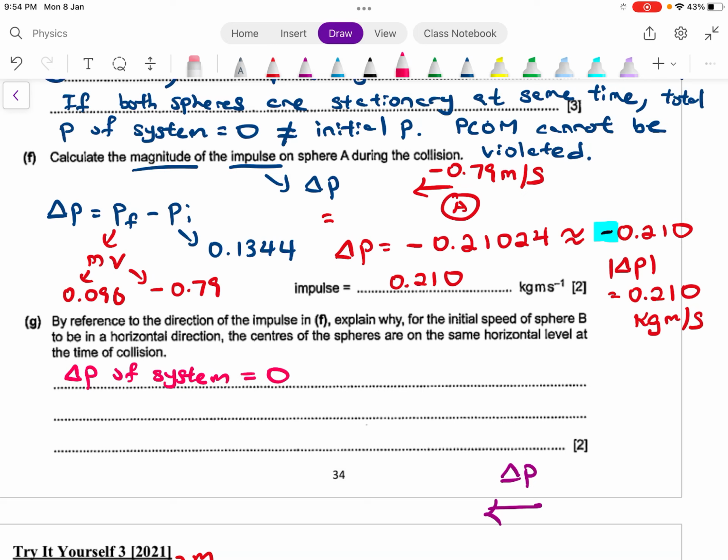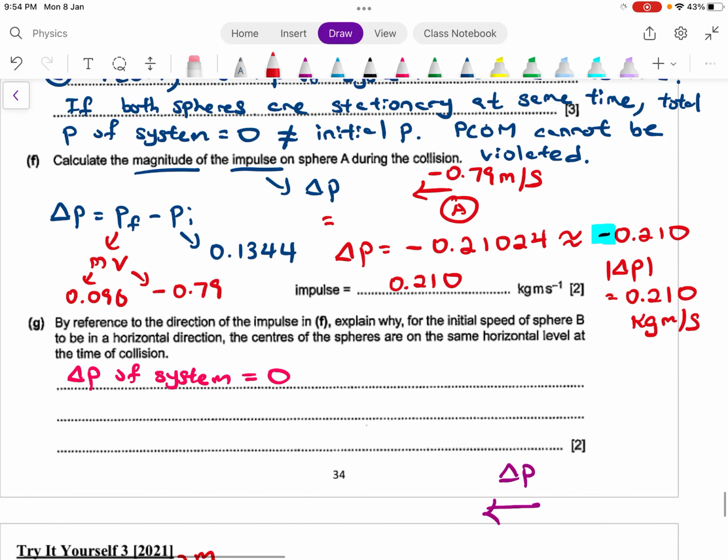But how do we relate this to explain why the centers of the spheres have to be on the same horizontal level? Imagine that we have this sphere. This is sphere A, this is the center, and this is the speed. For sphere B, it is like this.